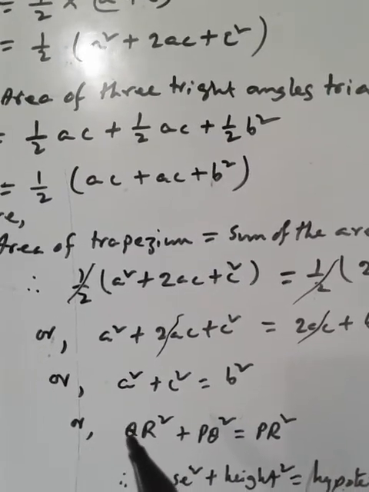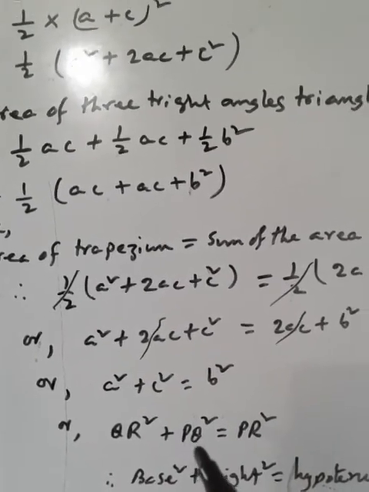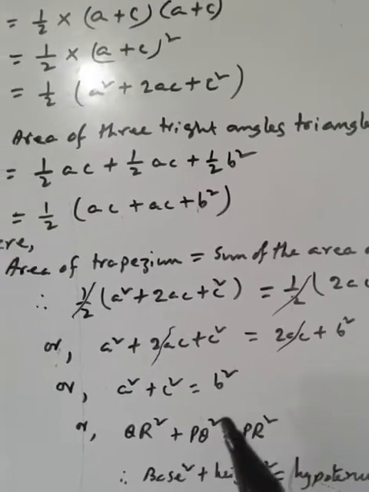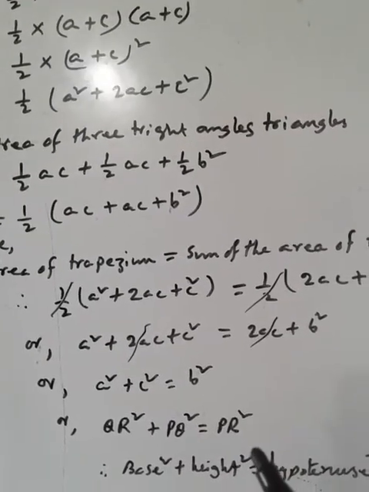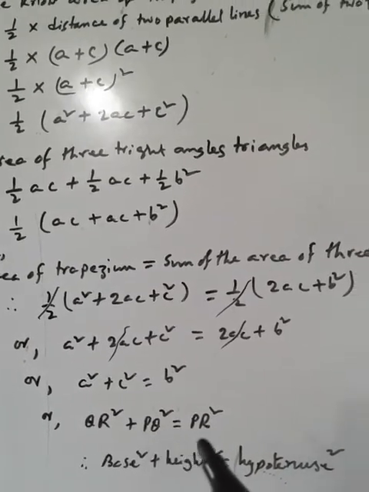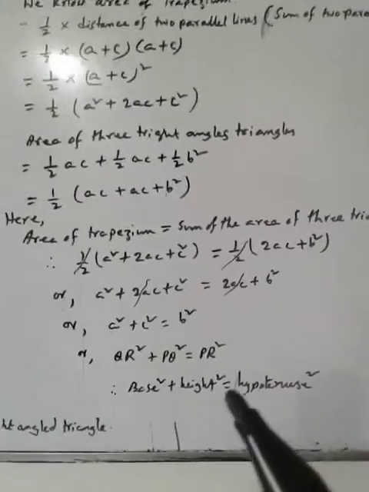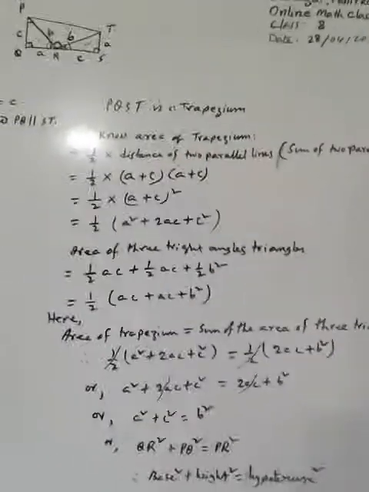A is QR, C is PQ, and B is PR. So base square plus height square equals hypotenuse square. This is the proof. Thank you.